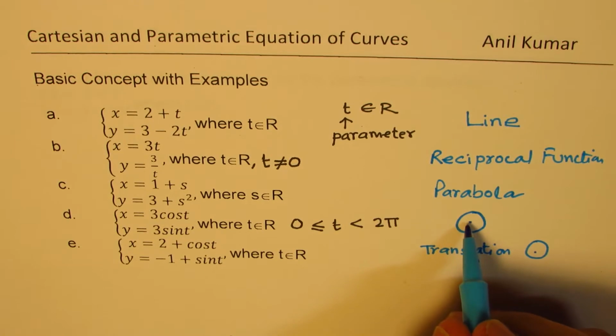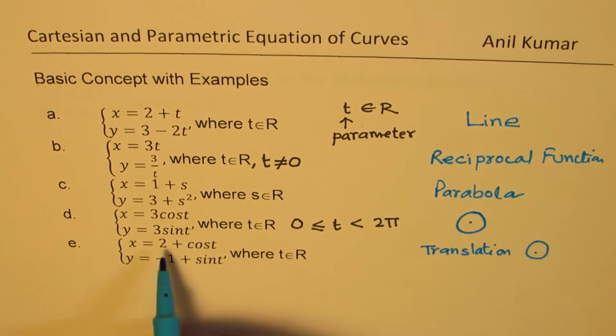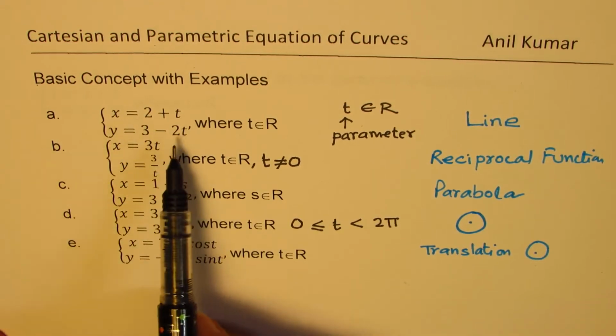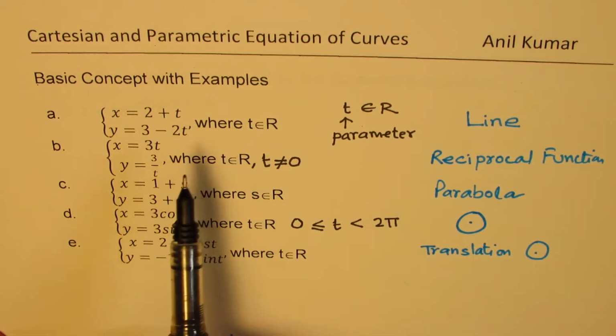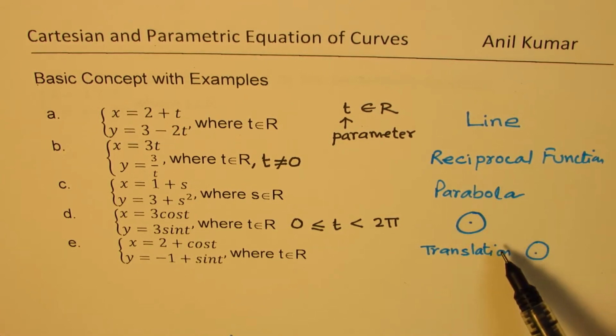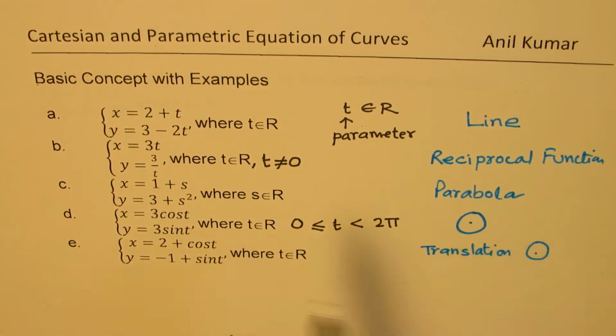That means this center was at the origin and this center is at (2, minus 1). So both represent a circle. So we do have many types of equations. We could create many types of parametric equations to represent different curves. So we'll look into the exercise, how to sketch them.